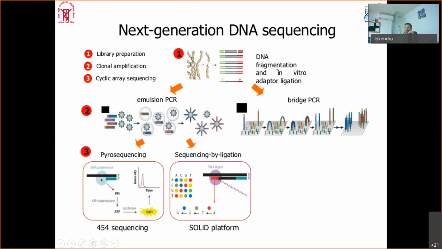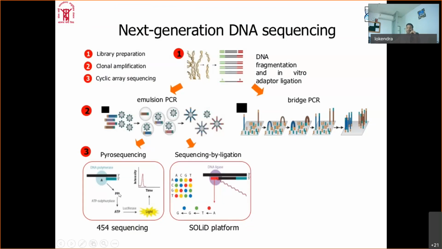Once you have DNA fragmentation and adapter ligation, it is followed by emulsion PCR. The method of detection is that when DNA polymerase adds any nucleotide, there is a release of pyrophosphate. When the phosphodiester bond is formed, between the 5 prime phosphate group and the 3 prime hydroxyl, pyrophosphate is released.